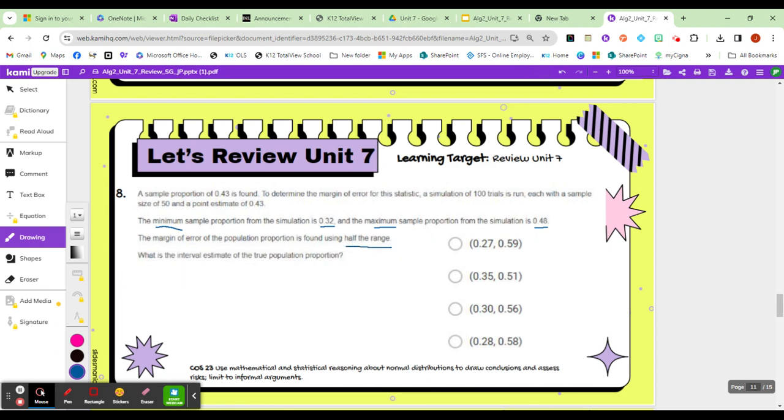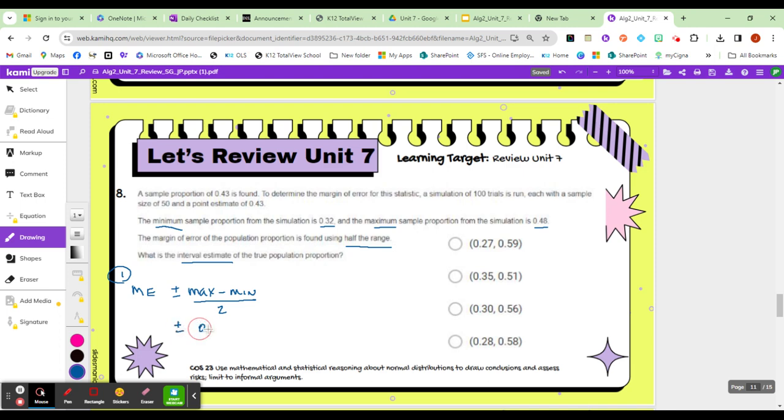Okay, so that means when we find margin of error, we're going to use the formula plus or minus max minus min divided by 2. So we're not going to do that divided by 6 times 2 because it doesn't say standard deviation in the problem. It says, what is the interval estimate of the true population? Well, first we have to find the margin of error. So we're going to do plus or minus.